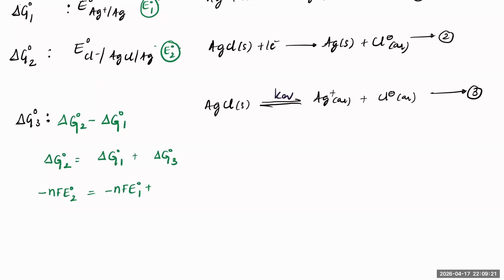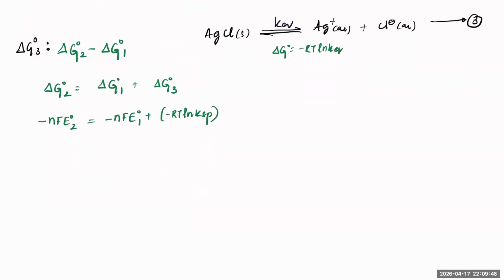Delta G3 will be equal to minus RT ln Ksp, isn't it? Because it is at equilibrium. If you remember, delta G naught value at equilibrium can be written as minus RT ln K equilibrium. So in this case, the equilibrium is with respect to the Ksp. So I'll write it as minus RT ln Ksp.